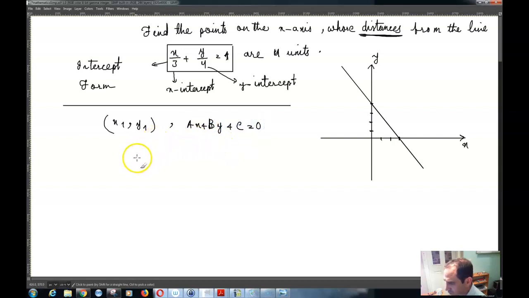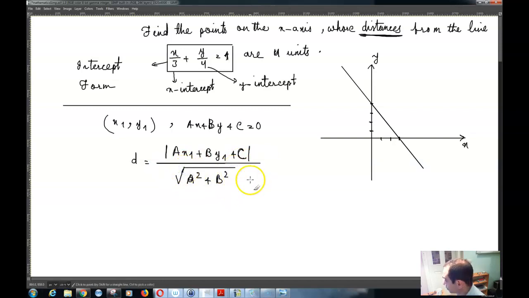The formula was d is equal to the absolute value of ax1 plus by1 plus c over the square root of a squared plus b squared.